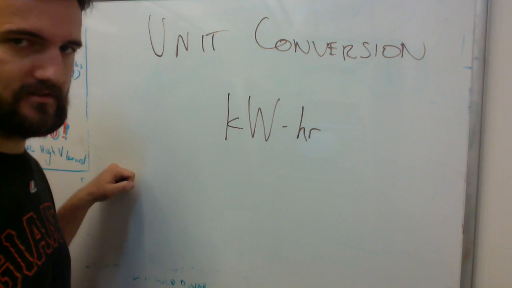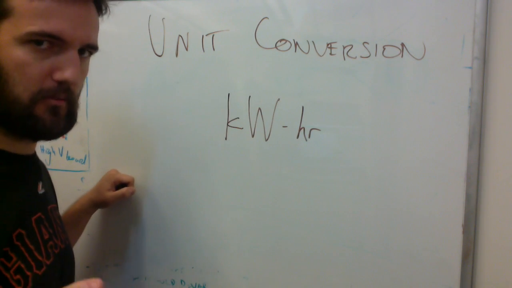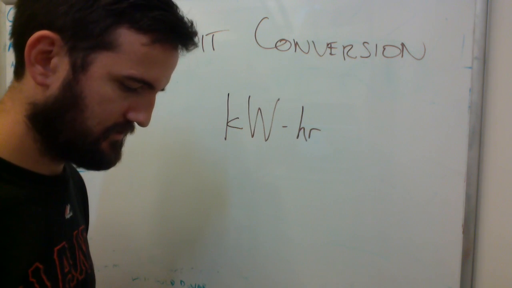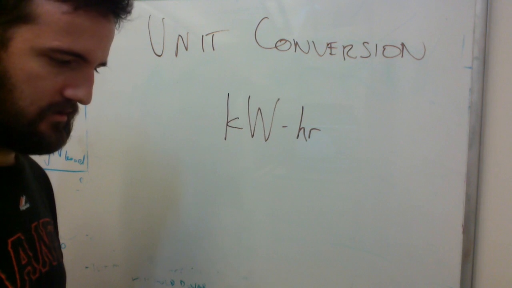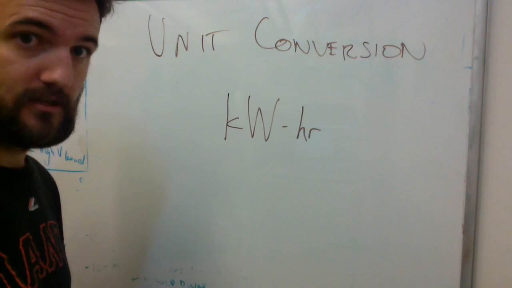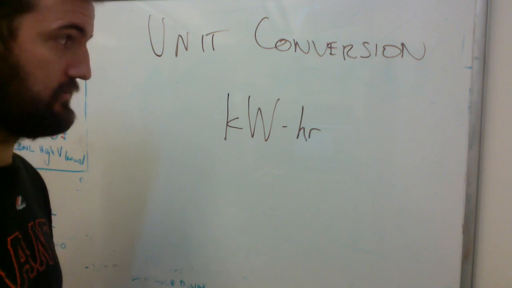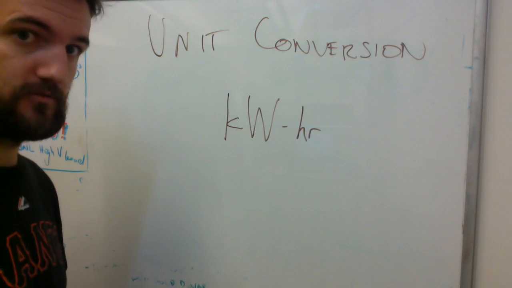So you might recognize this is actually going to come up in your lab, but this is also how the power companies typically measure how much power you use at your home, and they figure out how much to charge you from this weird unit called kilowatt hours that you produce.